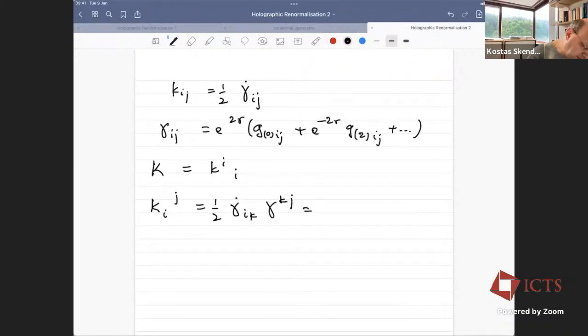Now from here, you see that this is e to the 2r g0 plus order e to the minus 2r from this piece.